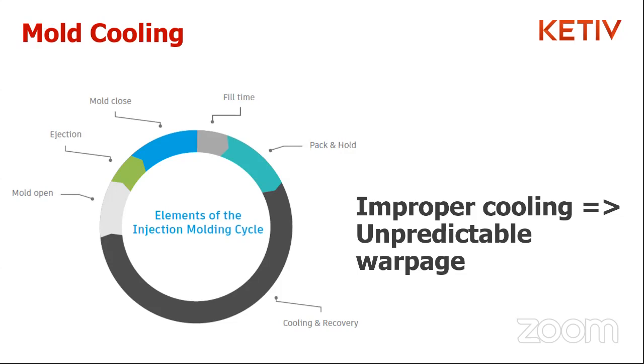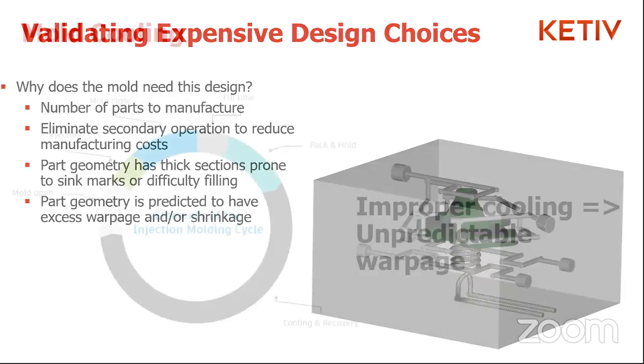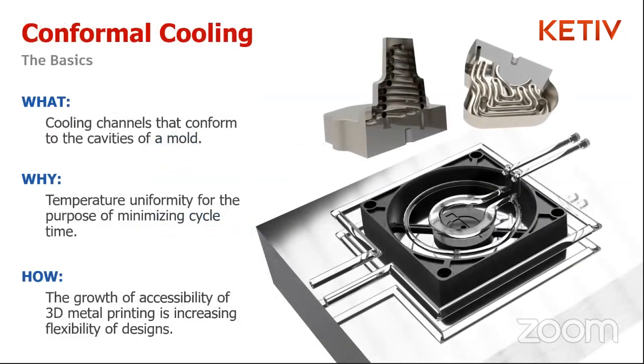So with that particular part that we saw previously, we did have some fairly complex cooling channels in there, and that type of cooling is called conformal cooling. Now, what is conformal cooling? You can see the two images on top there. It's essentially a cooling channel, or a set of cooling channels, that can conform to the cavities of the mold itself, right?